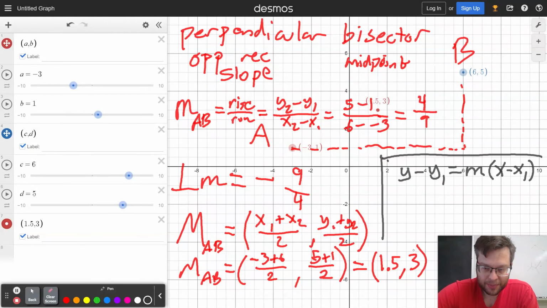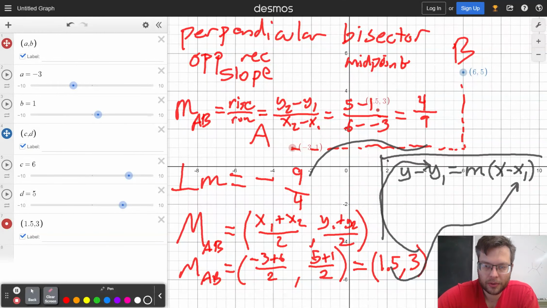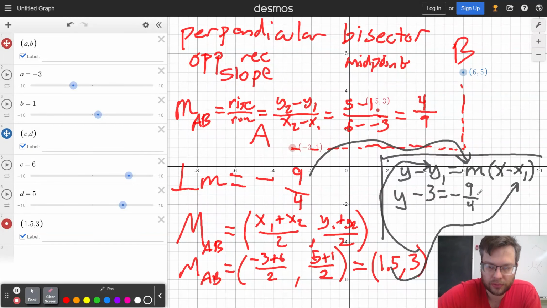All I need to do is copy and paste the y value from my point there, the x value right there, and the slope right there. And I have my equation. I can go y minus 3 equals negative 9 over 4, x minus 1.5.